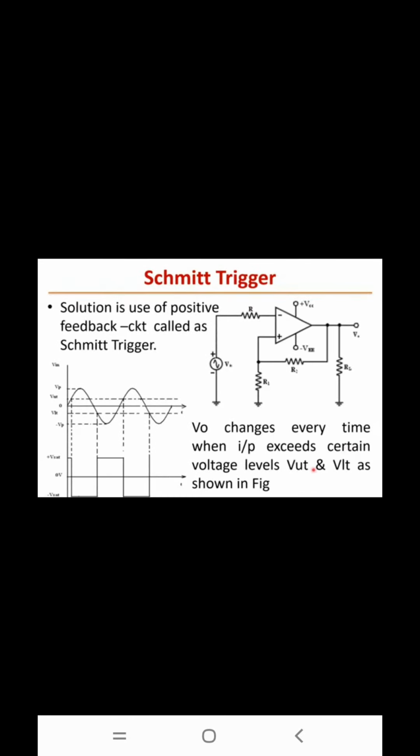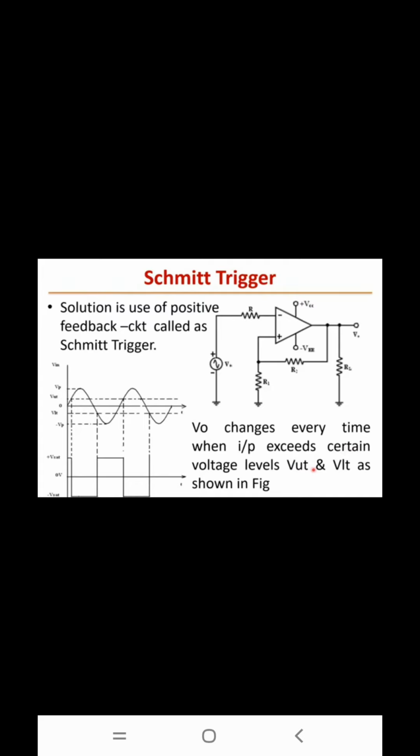These threshold voltages are obtained by using a voltage divider, R1 and R2, in the feedback side, where the voltage across R1 is fed back to the positive input.